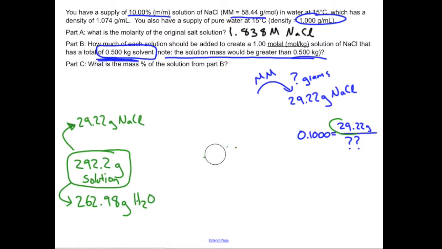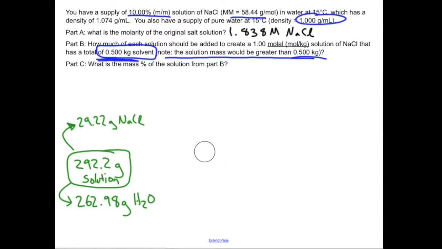So what I've had to do is characterize this initial starting material so that I actually know how much mass is water, how much mass is actually my salt. That's going to really help me here with the molality idea. Because if you come back and remember what I asked for, I want half a kilogram of water. Well, here's how much I'm going to originally put in because of the mass percent solution.